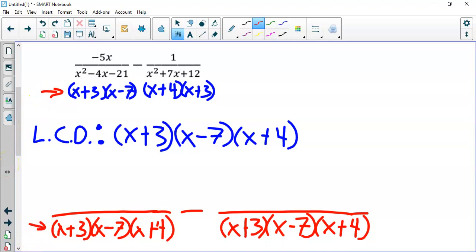Here's what I want. What's missing? It's missing the x plus 4. So that means we multiply top and bottom by x plus 4, because that's what's missing. I've got the x plus 3, the x minus 7 up here, but I'm missing the x plus 4. So multiply top and bottom on this guy by x plus 4. So what does my numerator become there?